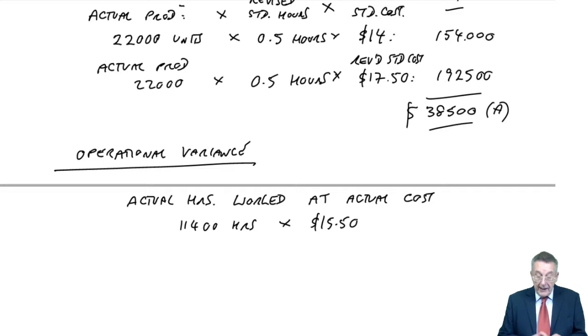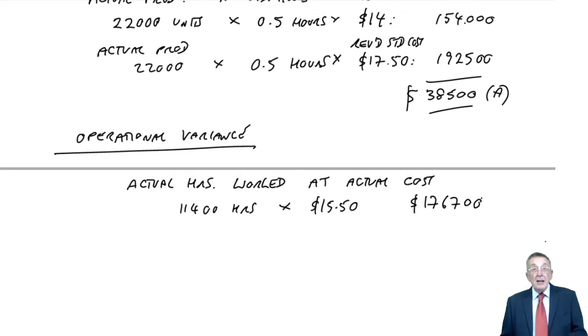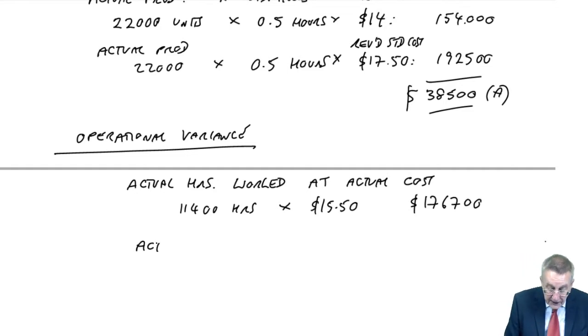So we actually spent, is that right? 176,700. Can't be. 11,400 times 15.50. Yes, it is. 176,700. And what did we do? We compared it with actual hours at standard cost.